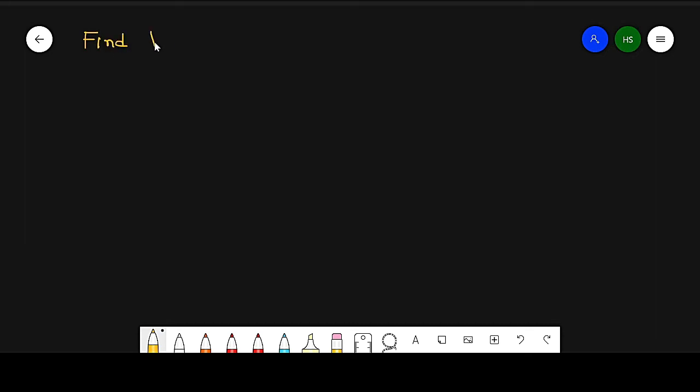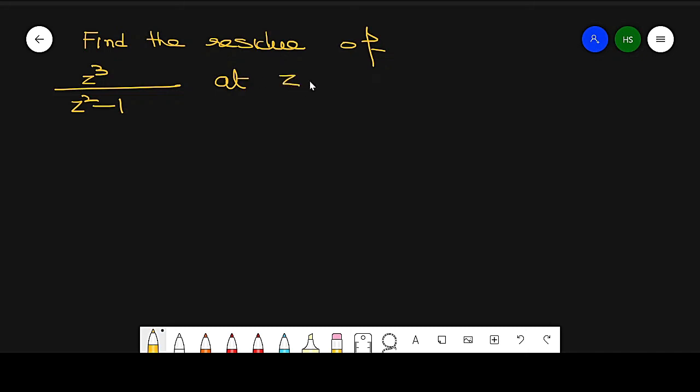Find the residue of the function z cube over z square minus 1 at the point z equal to infinity. So this is my question.